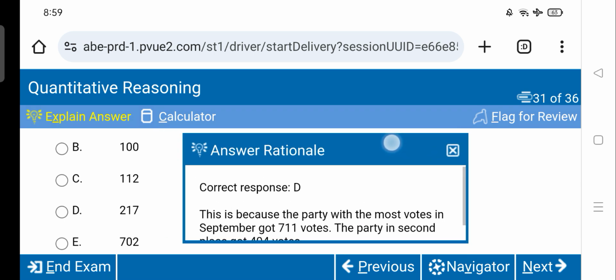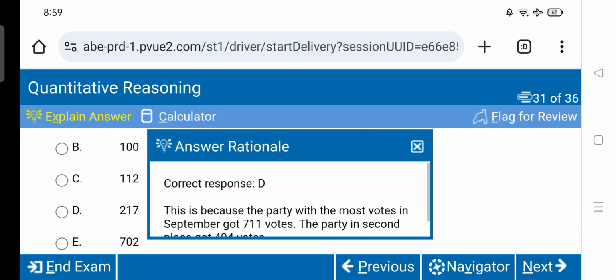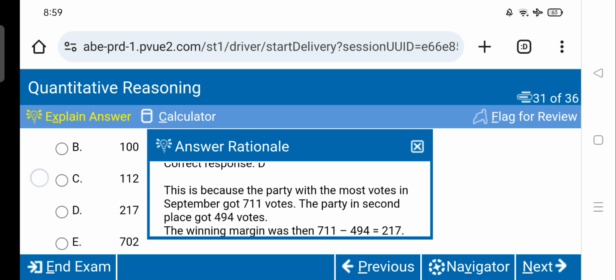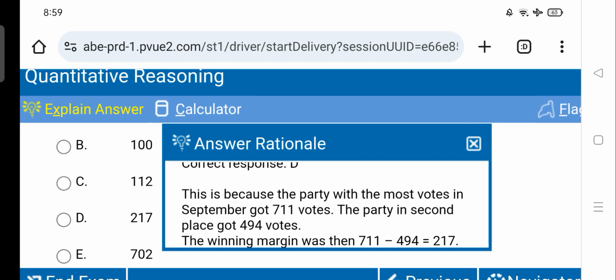So the correct response is option D. This is because the party with the most votes in September got 711 votes. The party in second place got 494 votes.